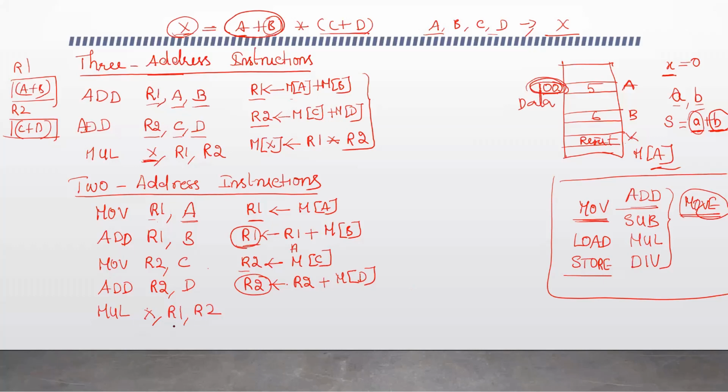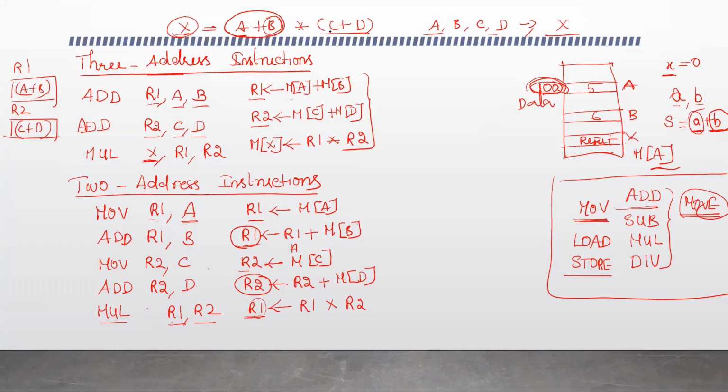What this does is multiply the content of R1 and R2 and store the result in X. But it is a 2 address instruction, so we can write only MUL R1, R2. What this instruction does is multiply the contents of registers R1 and R2 and move the result by default into the first register, R1. We'll have the result in R1.